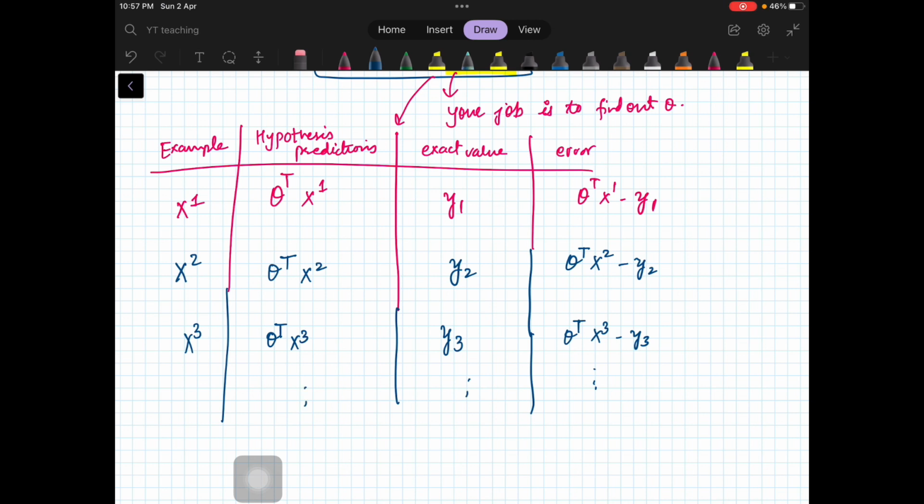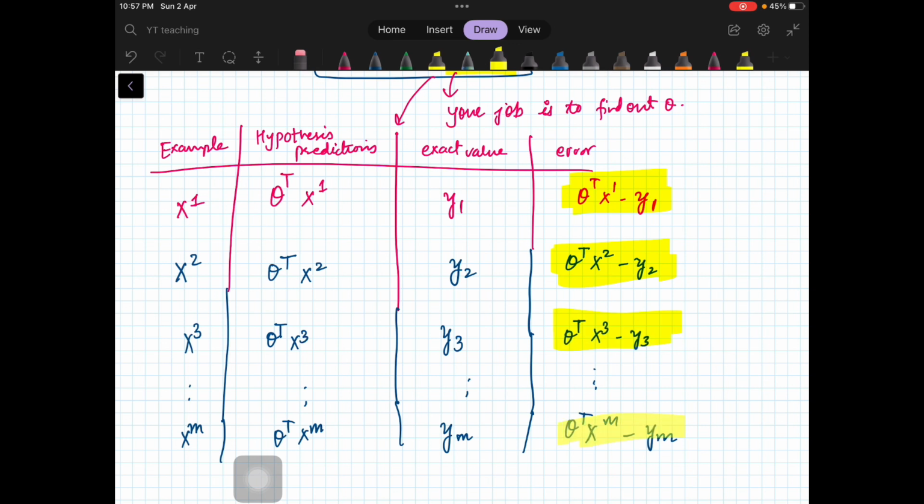And for the mth example, you have theta transpose xm, the value predicted by your hypothesis, and this is the exact value. So your error is theta transpose xm minus ym.